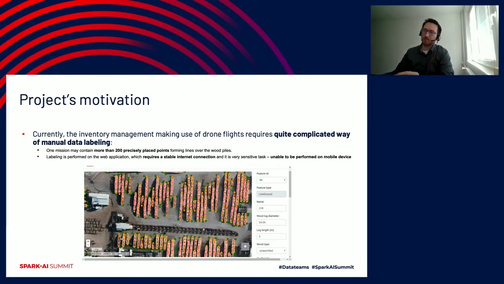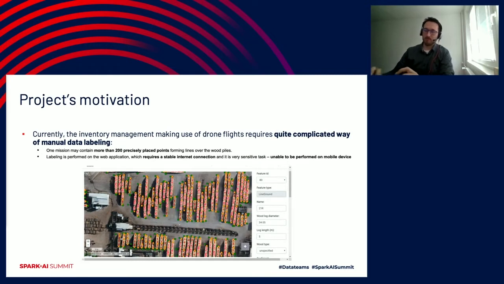And this aerial map is then delivered to a human expert from the mill. His task is to identify and label all the wood inside. And because we also have a digital elevation model, it means that we have a ground amplitude of each pixel. We can then calculate the final amount of wood in the picture.